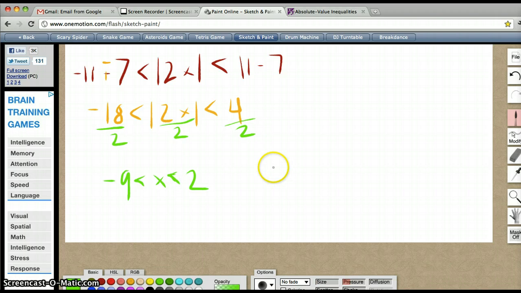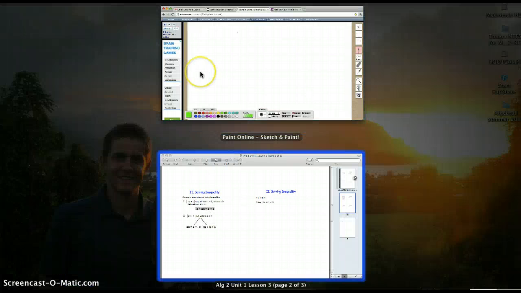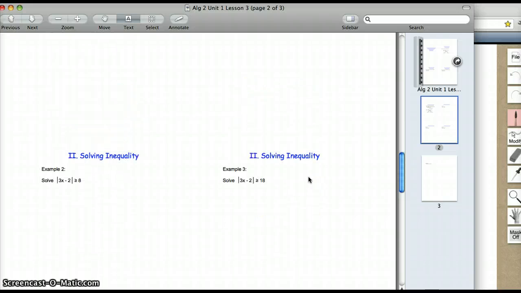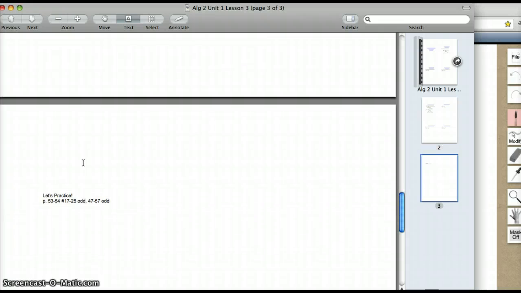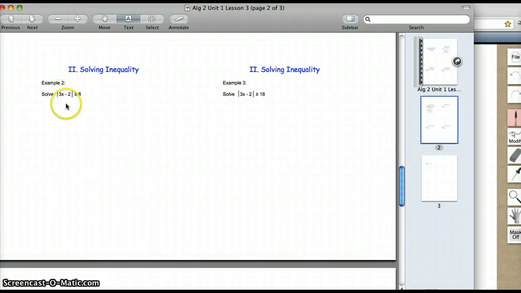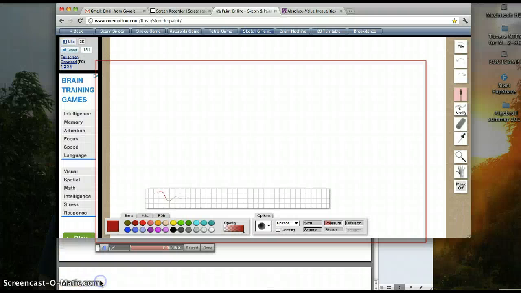All right, let's do it one more time with a different equation. So another equation is 3x minus 2 is greater than or equal to 8. So let's go ahead and set that up.